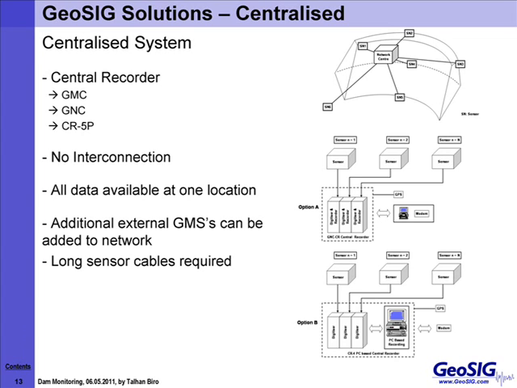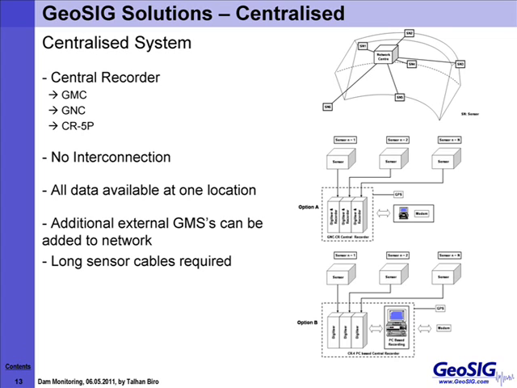Basically, in any case, the central recorder will be taking all the data in one central location. There is no need to have some sort of a connection between the monitored nodes. And as we said before, all the data will be available at one location. This is one of the major advantages of central recording.